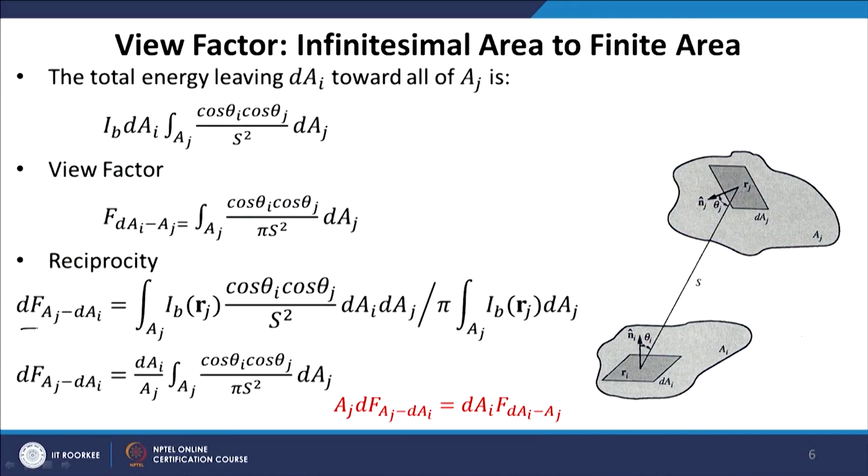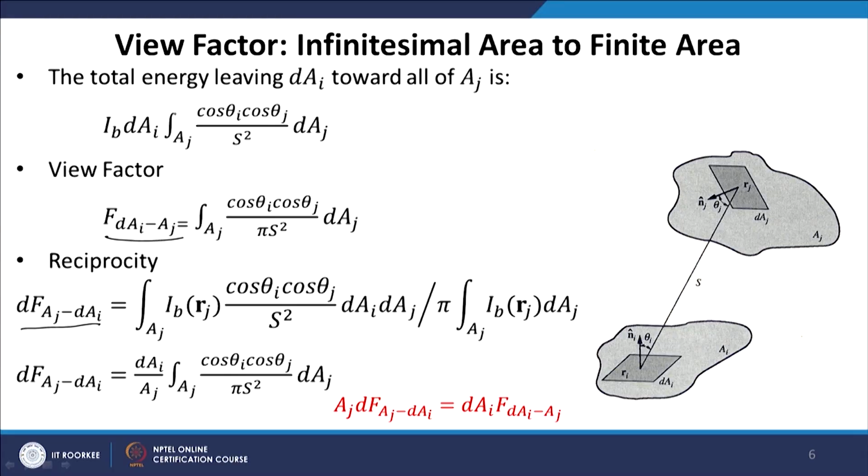We can extend the same logic to find out view factors between a small infinitesimal surface and a finite area surface. So, if we want to find out this view factor from a small infinitesimal surface dAI with whole surface Aj, we have to basically extend the same logic. The total energy leaving surface dAI towards the entire area Aj. So, all we have to do is use this previous expression that we basically used.